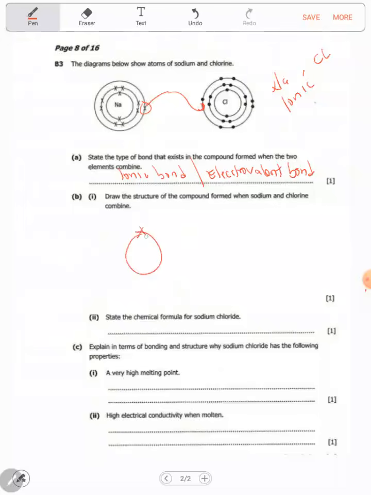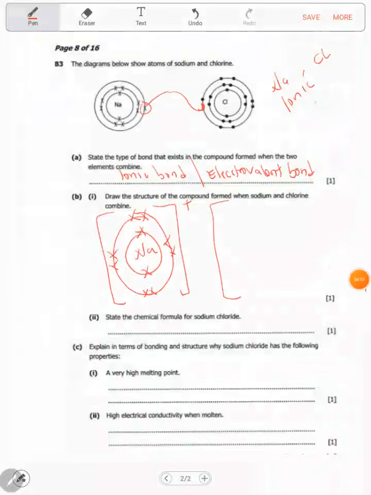We're going to have there. So that sodium has remained with 8. Then we have the first one here.